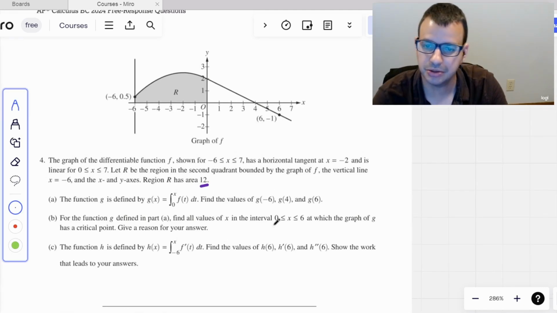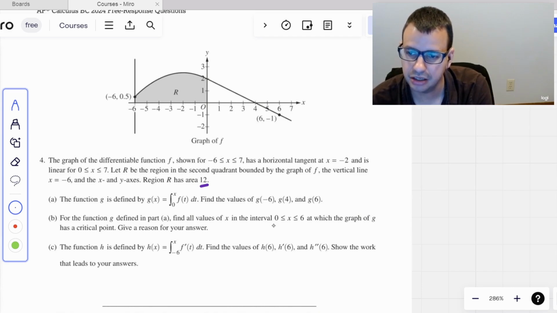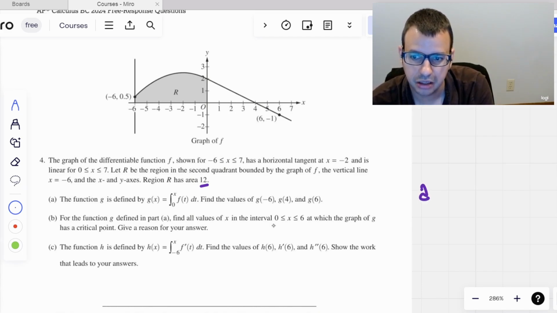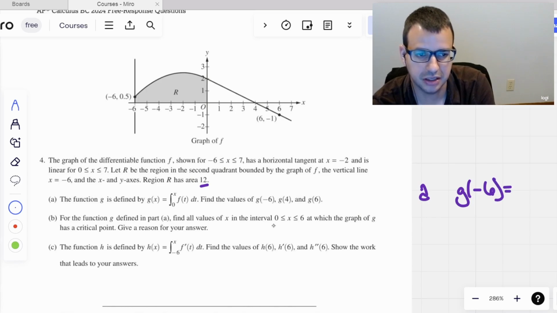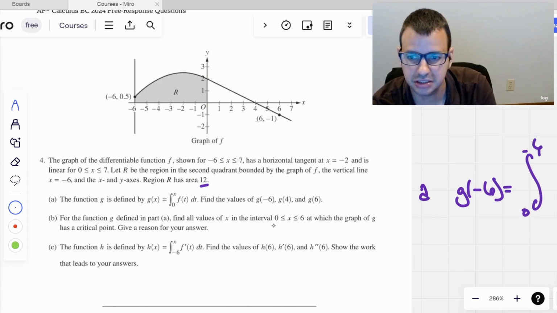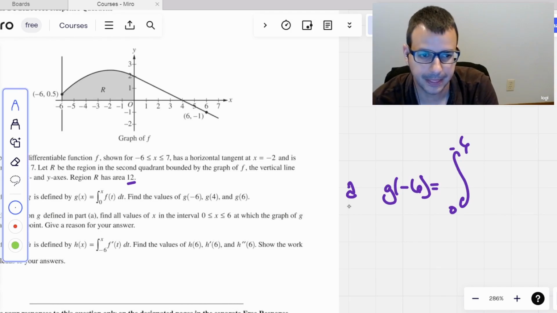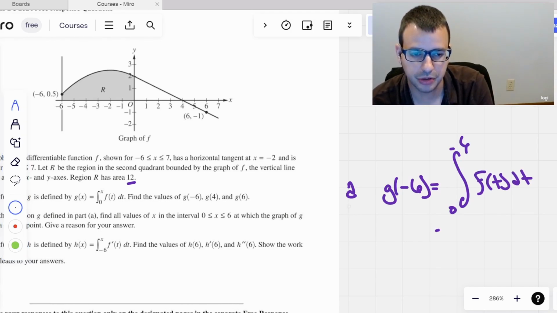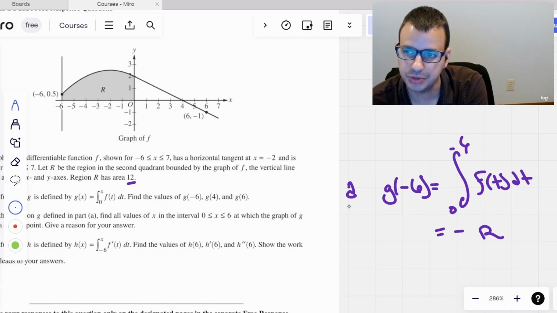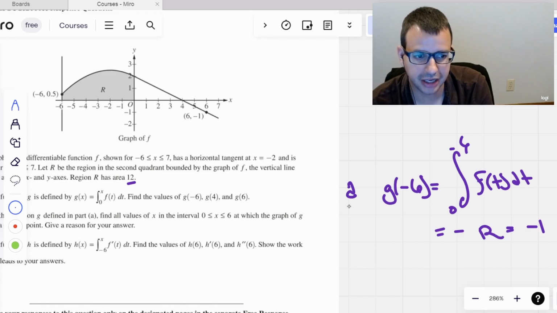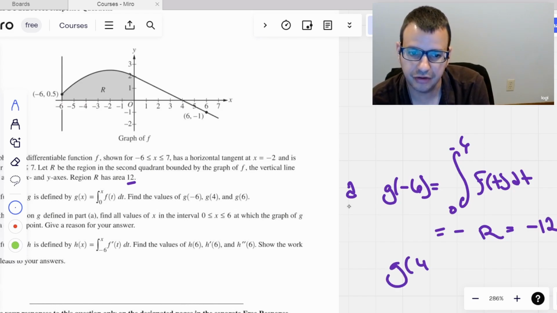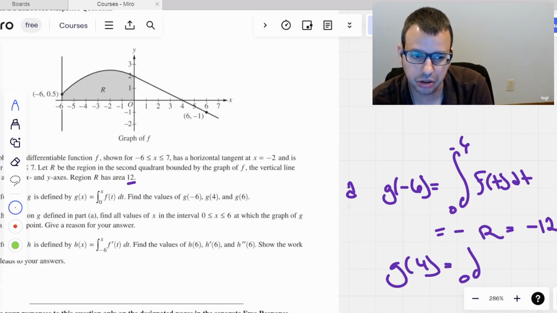So basically what this is saying is, when we plug in, I'll do g of -6 first. g of -6 equals the integral from 0 to -6 of f of t dt, which is going to be the region -R, because it's going from 0 to -6, which is -12. g of 4 is going to be the integral from 0 to 4 of f of t dt.